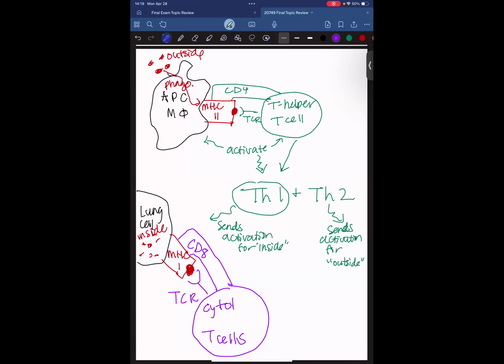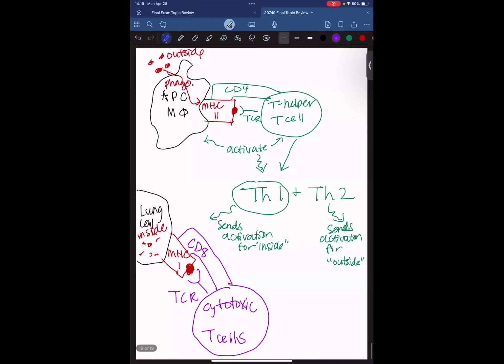Cytotoxic, right? We say killer, that's fine too. Cytotoxic, CD8 positive T cells. And these cannot act until they get this signal here from the Th1 cell. So you guys kind of see how they're relating now a little bit better?